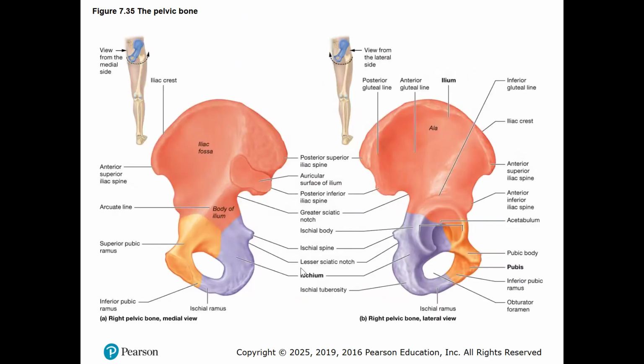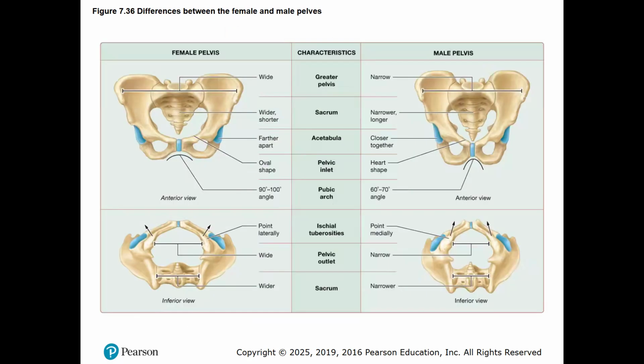We won't talk a lot about the differences between a male and female pelvis, but there are some distinguishing differences here. It goes more into forensic medicine, but it is pretty interesting how the biological differences show in the actual bony structures and characteristics of the pelvis.